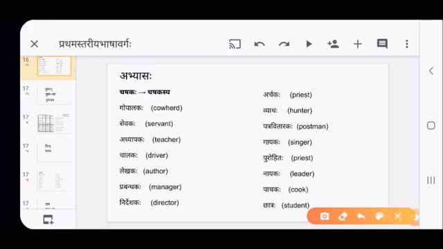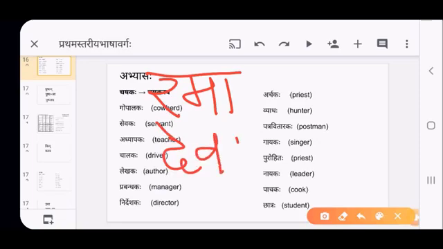Now for Strilinga, we have seen three types of words actually. The first one is the base word ending in A sound, like Rama. The second type is the base word ending in Dirgha E sound, like Nadi or Devaki.